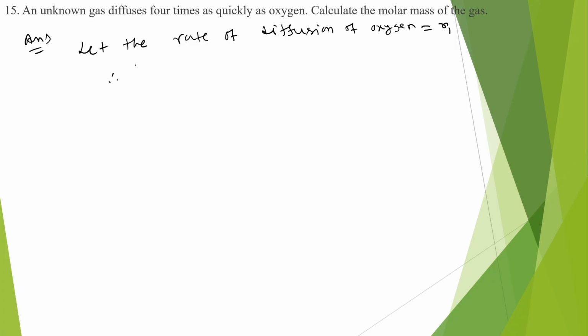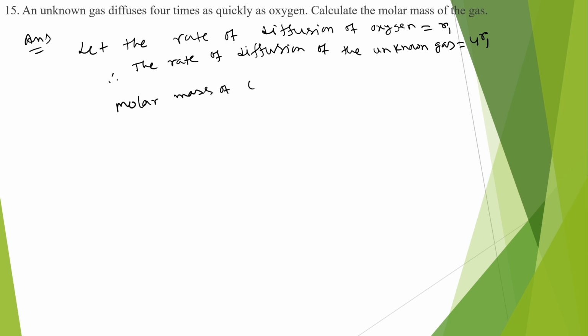Therefore, the rate of diffusion of the unknown gas is 4 times, so 4 R1.